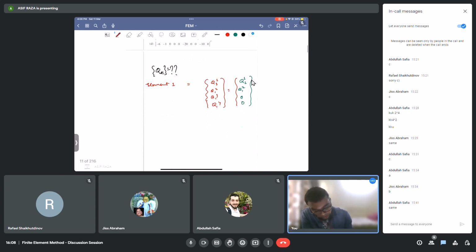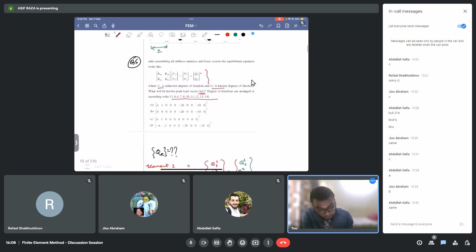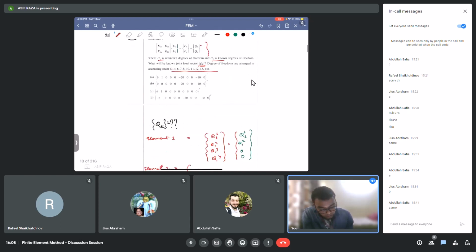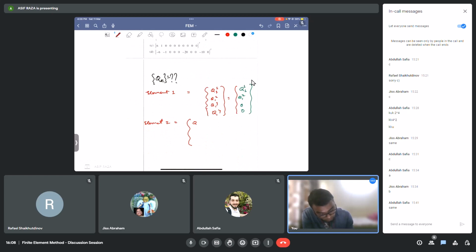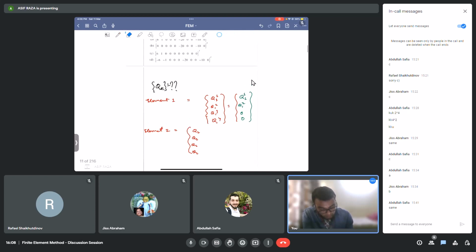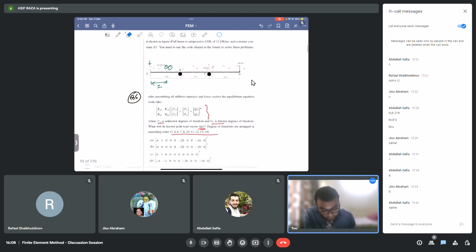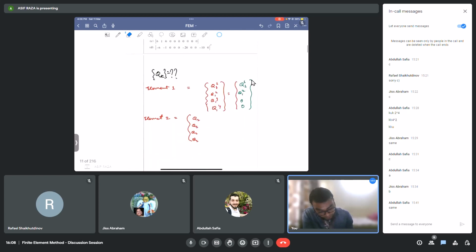Similarly, for element 2, we'll have q21, q22, q23, q24, or rather, I'll write the degrees of freedom 3 4 5 6.